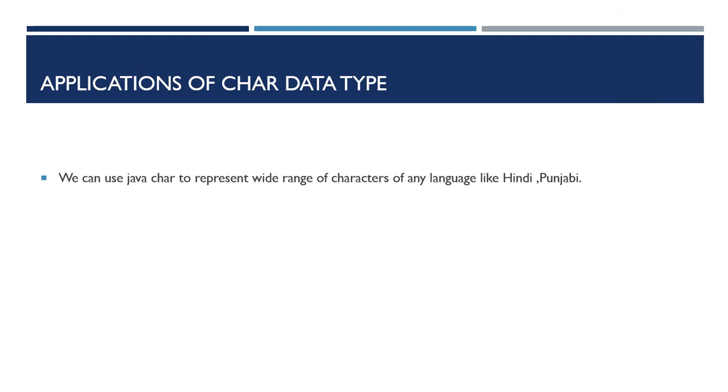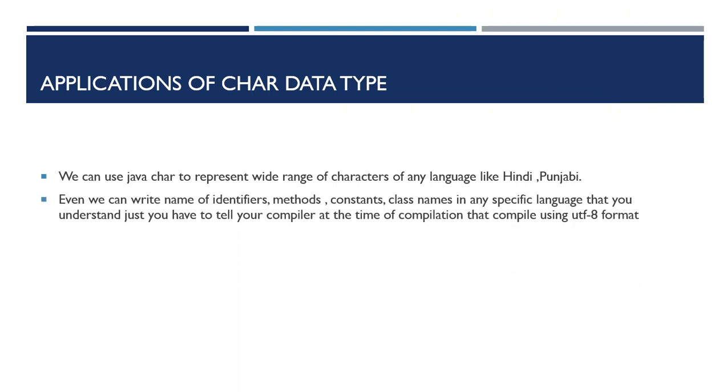Now we know we can use Java char to represent a wide range of characters of any language like Hindi, Punjabi. You saw that we were representing Gujarati characters, and in the same way we can represent Hindi, Japanese, and any other language's characters.